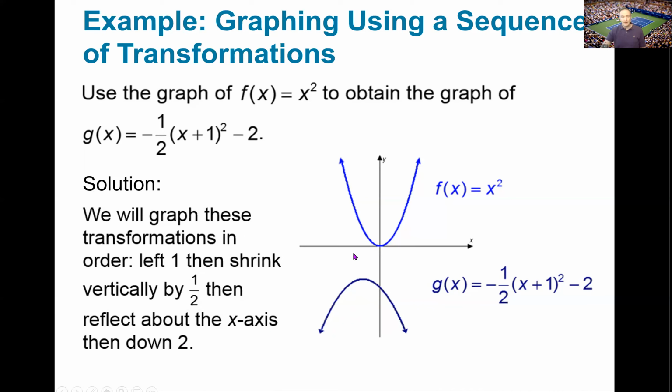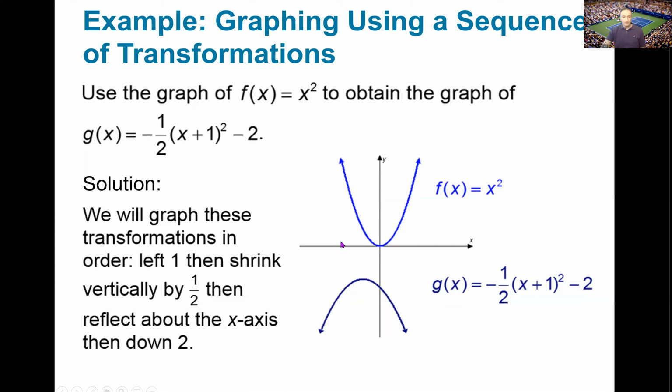Reflects it about the x-axis. That's just going to take any positive y values that I've multiplied by 1/2 and now make them negative. So my parabola would be shifted 1 unit to the left, going up less, and now reflected downward. So I'd have my parabola starting point at -1, 0, and then moving downward.